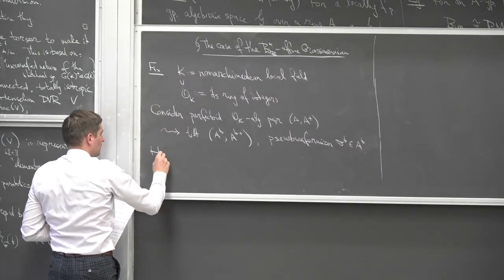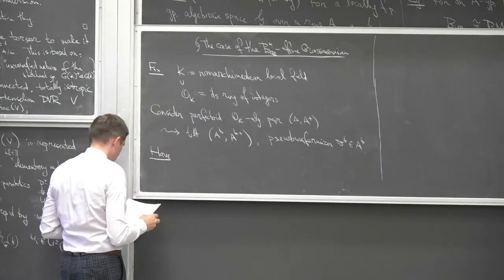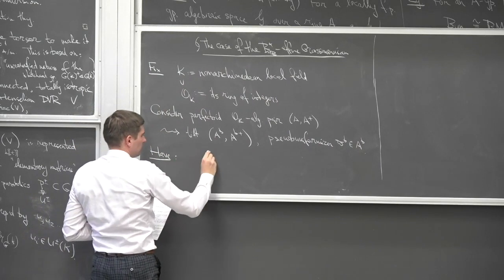Okay, and so we have the ring A_inf, which is just the Witt vectors.